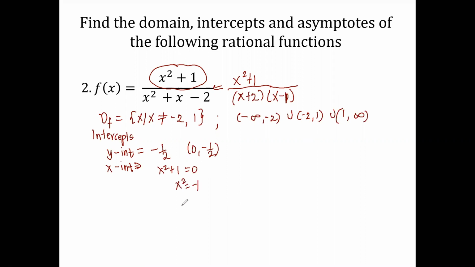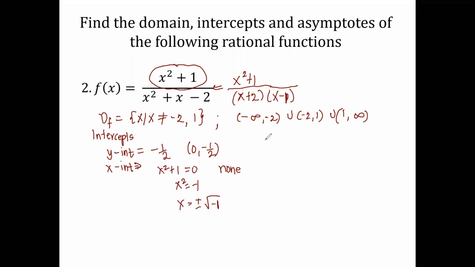Same with the other example, x equals plus or minus the square root of negative 1. So it's imaginary. Since the x-intercept is imaginary, we don't have any x-intercept. Okay, so that's the intercept.